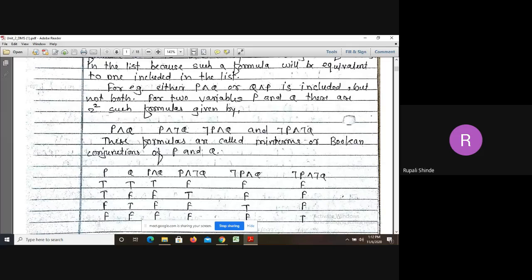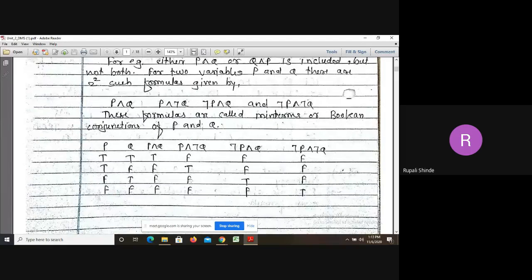So first one is P and Q, next one P and negation Q, negation P and Q, and negation P negation Q. All these minterms consist of P and Q only, so the first two columns are P and Q. First we will find the value for P and Q. For this AND operation, if both P and Q have truth value T, then only the final value will be T. Otherwise it is F. That's why T, F, F, F. Likewise we can form the truth table for P and negation Q. Again here we have to take negation of Q. So this negation Q becomes F, T, F, T.